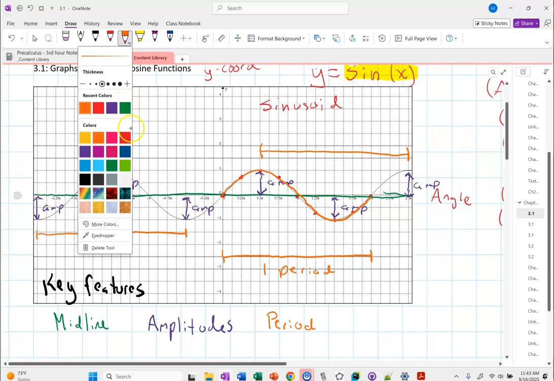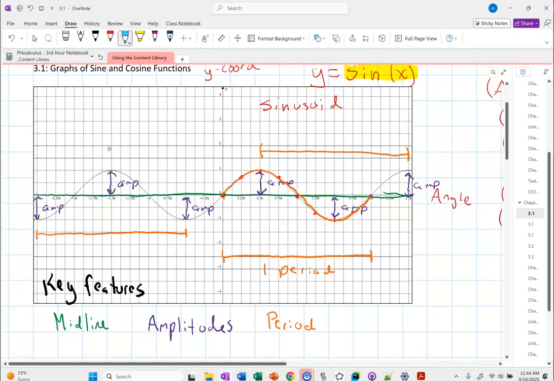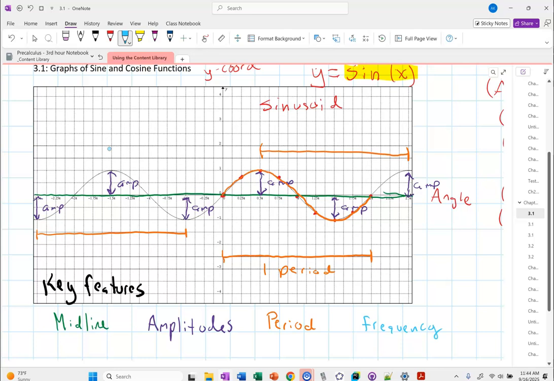And then my last guy is a frequency, and this one I'm actually going to describe in words. This will be the only one I describe in words because there's not a good visual analog to it.